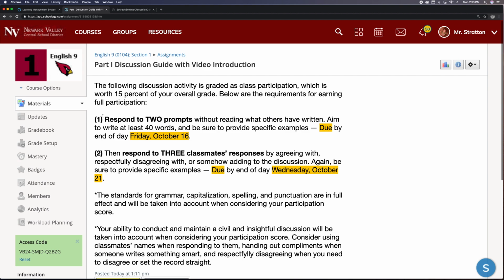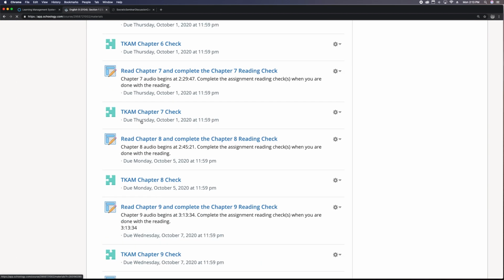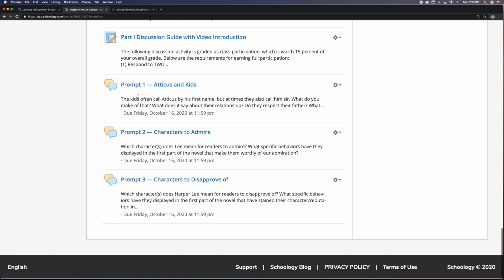Number one, and this discussion is going to come in two parts. So it says, 1, respond to 2 prompts without reading what others have written. And what that means is you are going to respond to 2 of the 1, 2, 3 prompts here. Now you'll be able to see what you wrote.